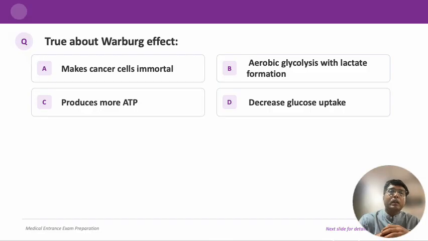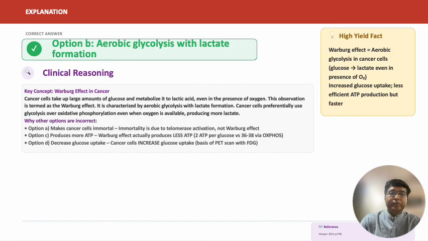So in case of cancer cell, you can see that they typically take up a large amount of glucose and metabolize it to lactic acid or lactate, even in the presence of oxygen.